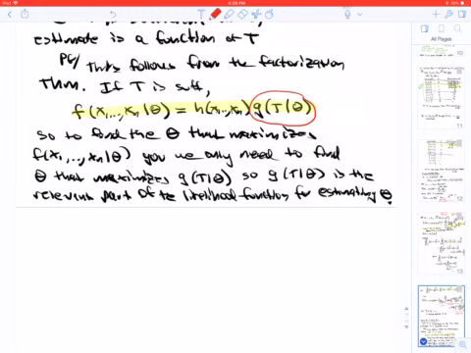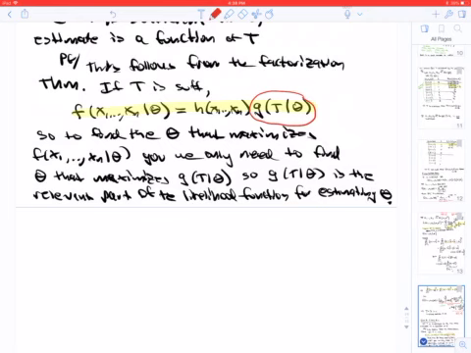And so what we do when we do an MLE estimate is we maximize this density likelihood function as a function of theta. So we find the theta that maximizes this, right?